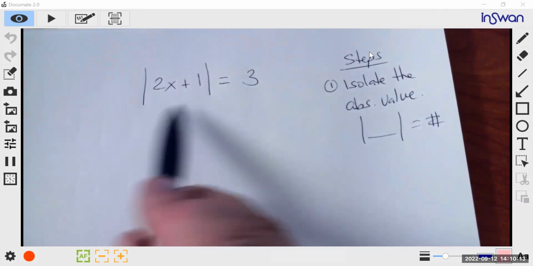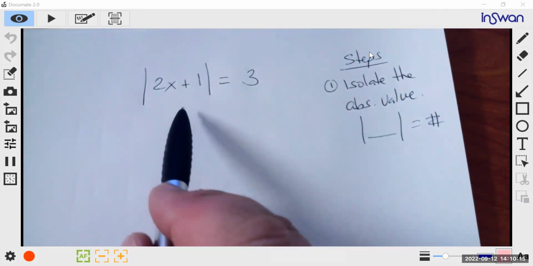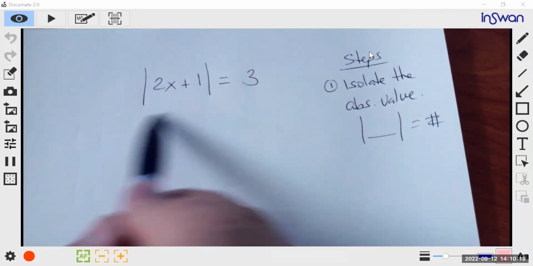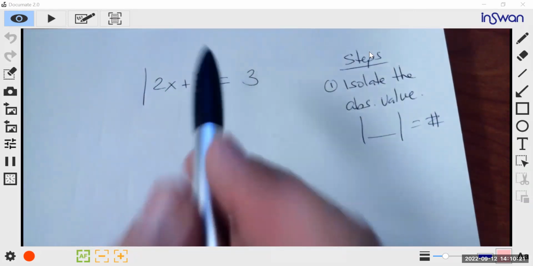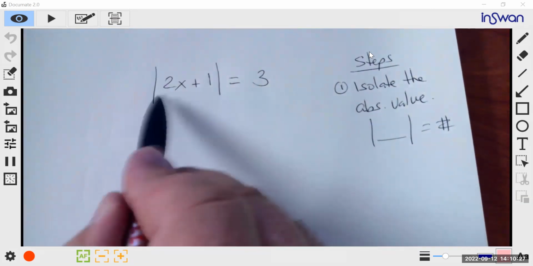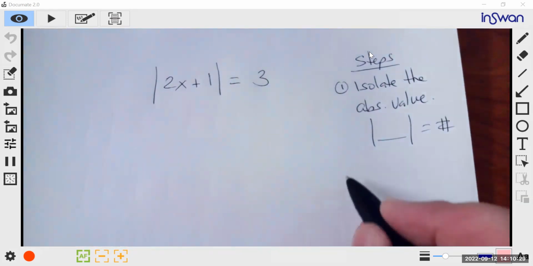Is the absolute value by itself? Sure is. There's nothing else. Is there a coefficient? Is there a denominator? Is there anything around it? No. So that means it's isolated. It's absolute value on this side and a number.